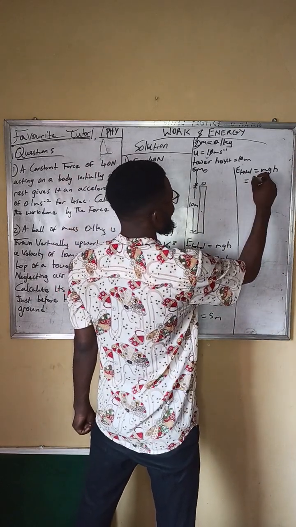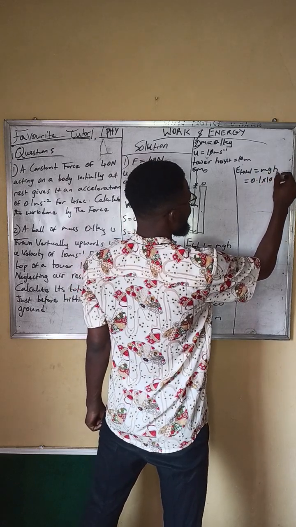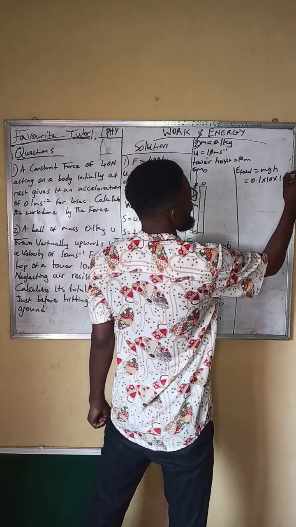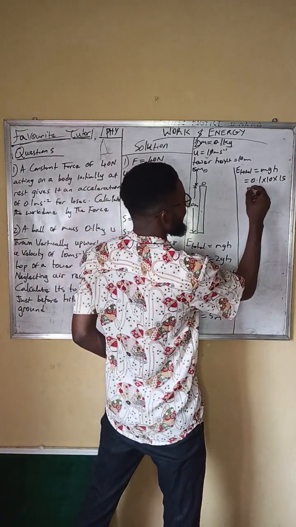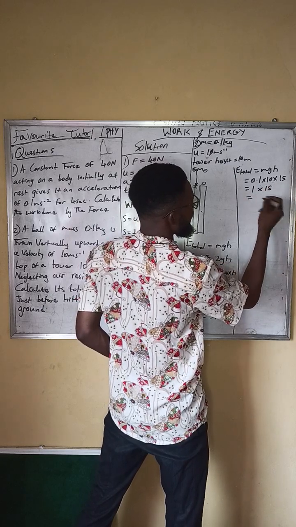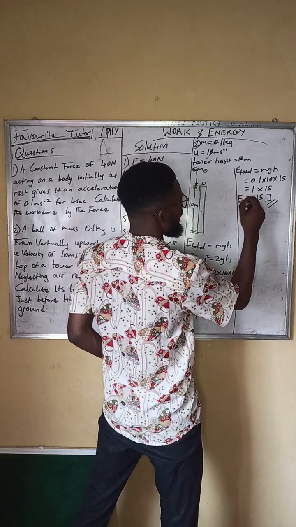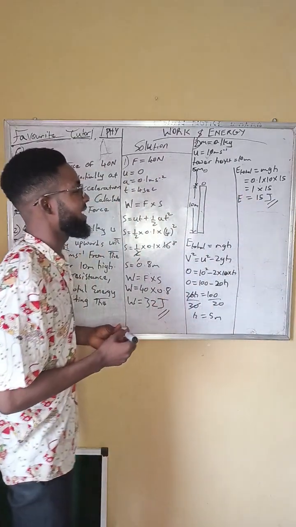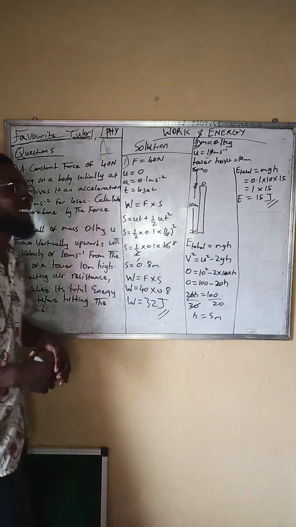The mass of the body is 0.1 times g, which is 10, times the maximum height, 15. 0.1 times 10 is 1, times 15, which is equal to 15 joules as the total energy. So this is the answer to the question.